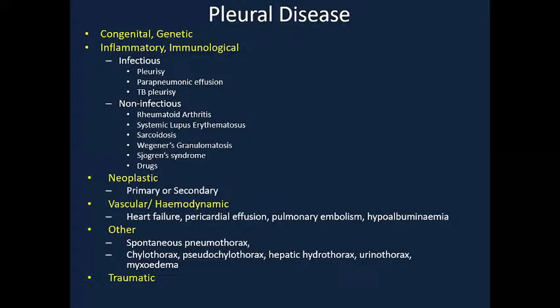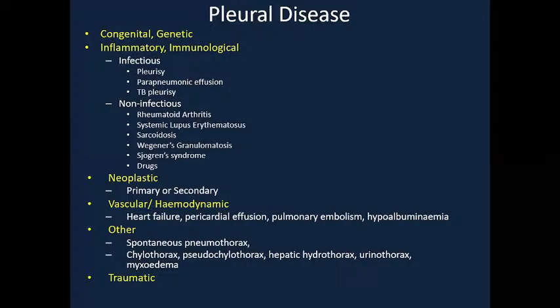Non-infectious disease will largely be diseases related to connective tissue diseases and such, as well as drugs. The most important being rheumatoid arthritis, SLE, sarcoidosis. Those will be really the most important within our setting.